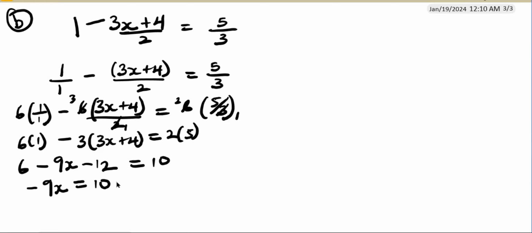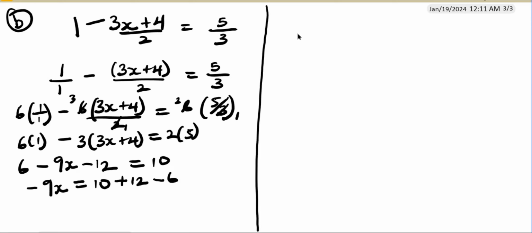When 12 crosses over, it becomes plus 12. When 6 crosses over, it becomes minus 6. So let's finish it up here. So that will give us minus 9x equal to 10 plus 12 will give me 22. 22 minus 6, that will give me 16.